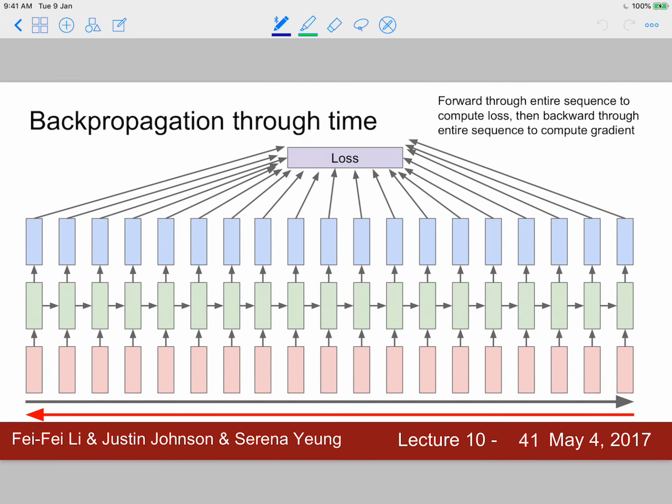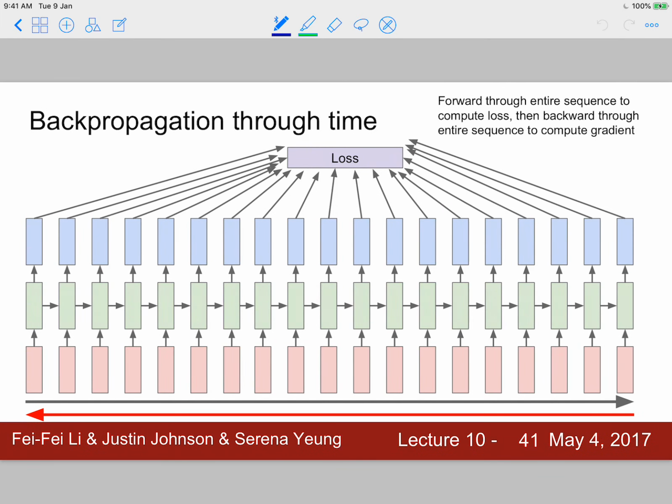And then how about representing this in this form? WXH times XT plus WHH times HT minus 1. So in this case, this part is this one, okay?